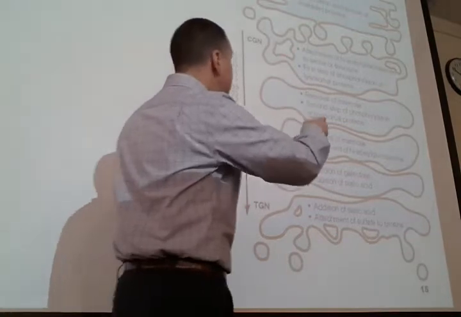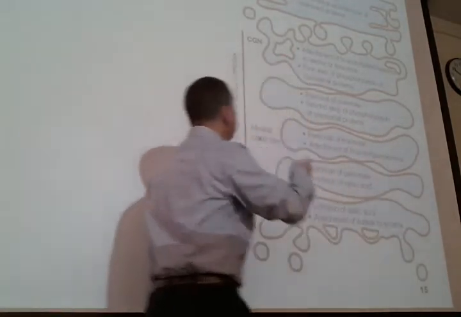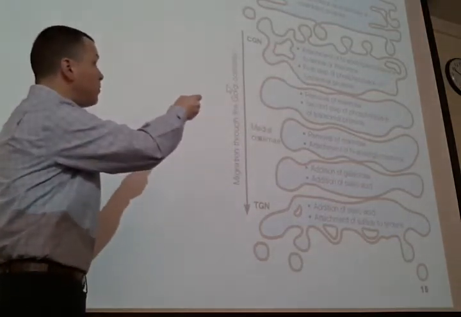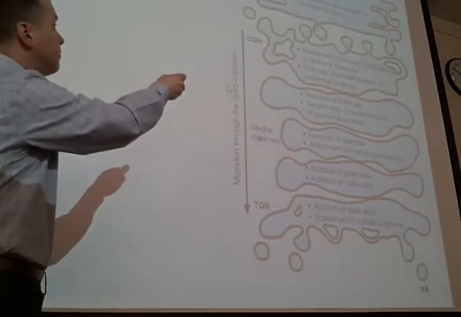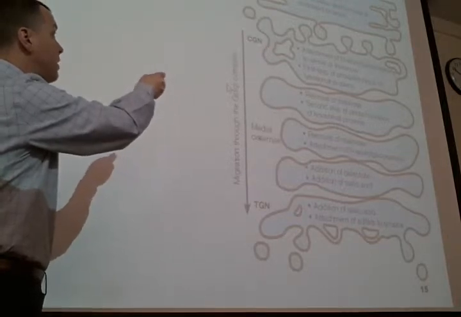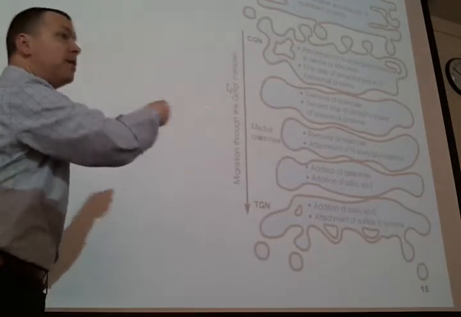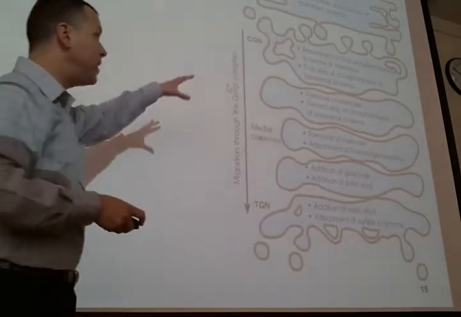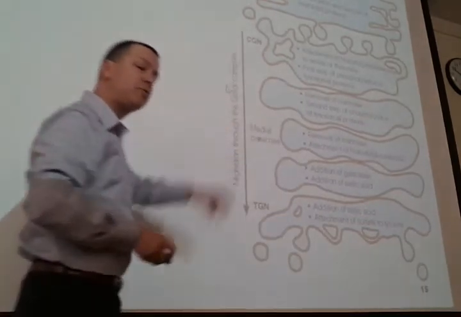Oh, and I should mention, just so it's clear, since there's not a direct channel between the different cisternae, how do we get from the first one to the second one? Again, it's vesicular traffic. So a little vesicle will bud off of this one and then fuse with the second one, and then bud off from the second one and fuse with the third one, etc. So they sort of make their way through or down the Golgi stack, if we're looking at it from top to bottom.